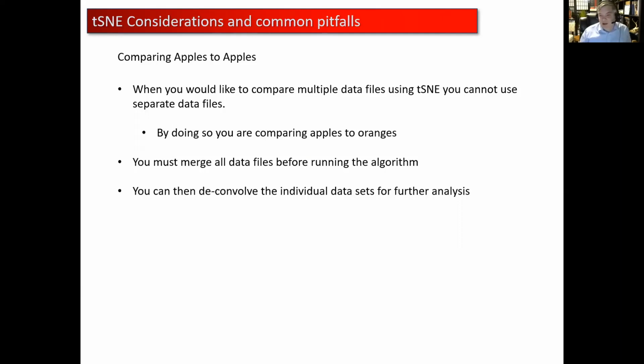In that case, you're comparing apples to oranges. Really what you have to do is merge all of the data files into one data set before you run the algorithm. Once you do that, you can run the algorithm, and then you can deconvolve the data sets down the line into their individual samples for further analysis.